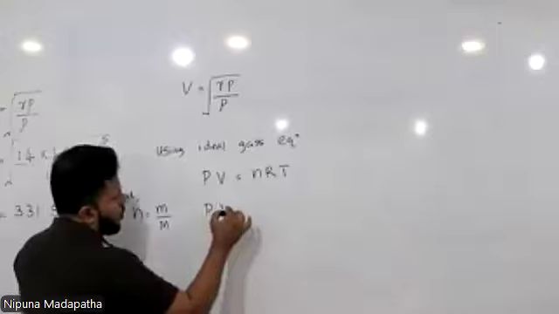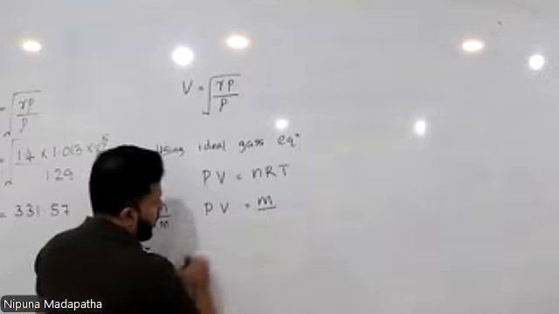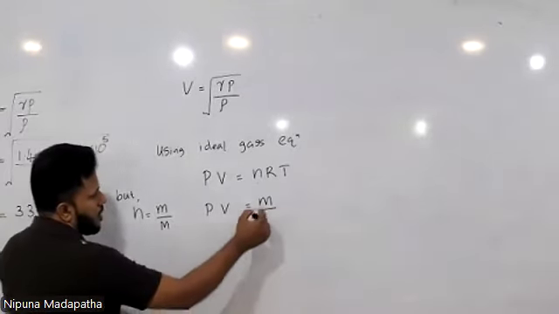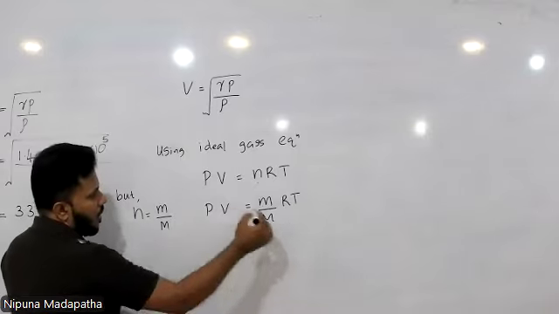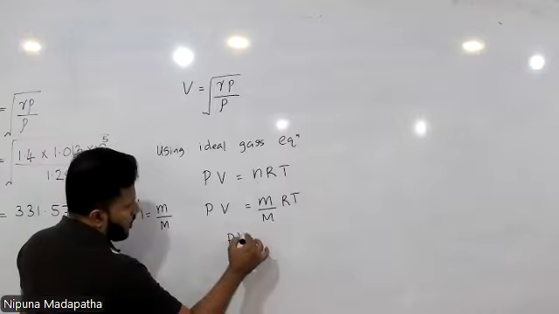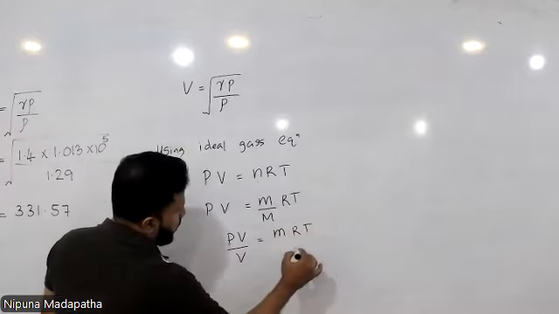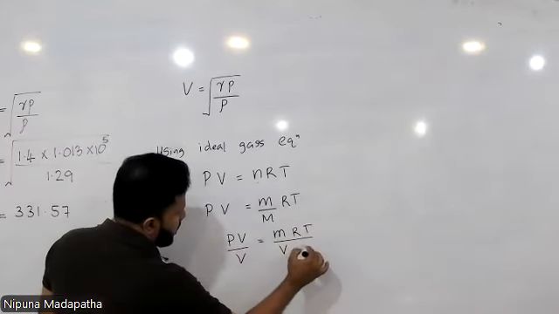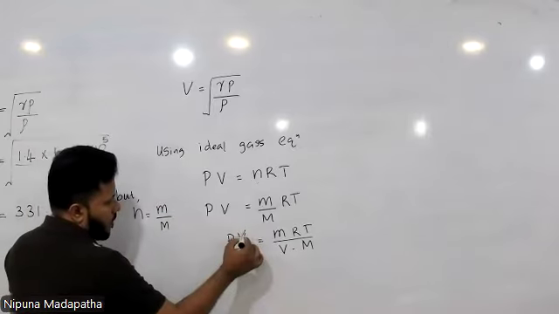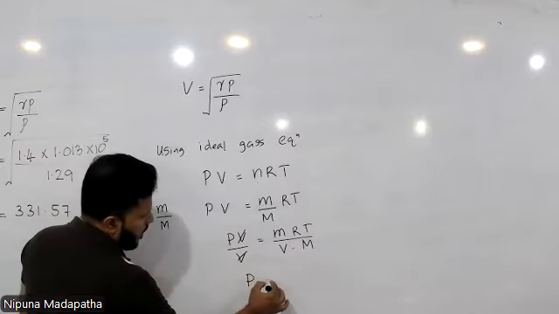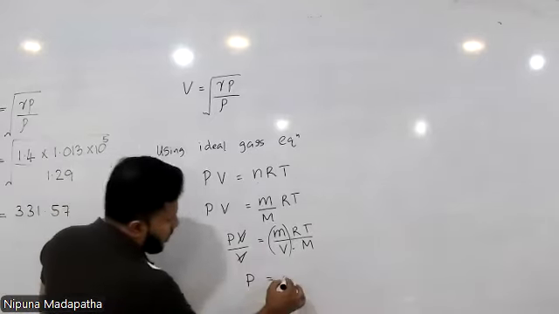So in PV, instead of n we write small m over capital M, times RT. Then divide both sides by capital V. P equals m RT divided by V M, so what is m over V? The density of the gas.